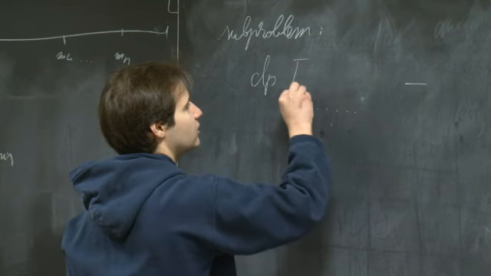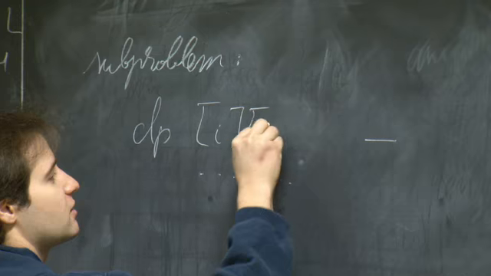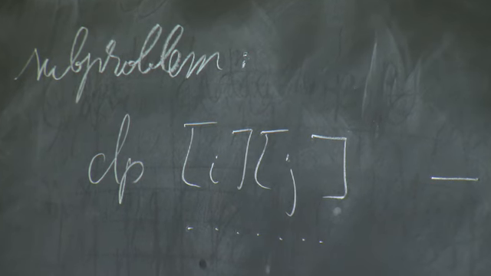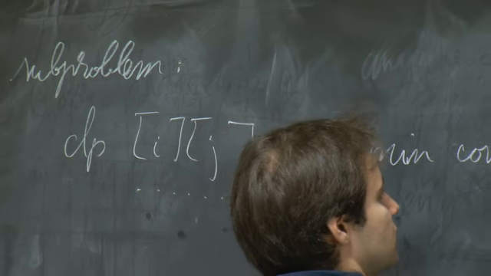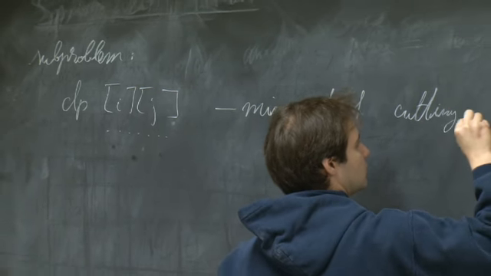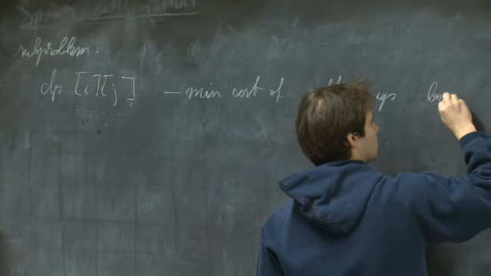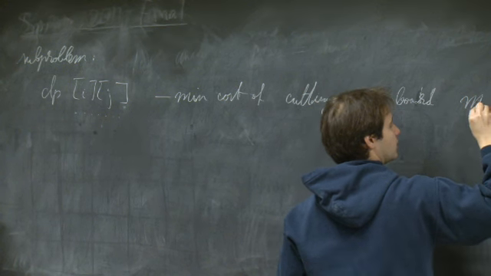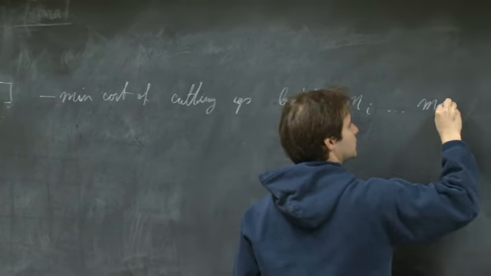OK, so we're going to give them indices, right? We usually do i, j, k, and whatever else it takes. So start to end is the min cost of cutting up the wood board from marking i all the way to marking j.